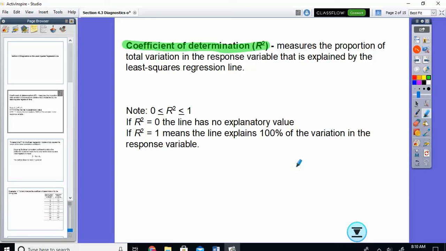It was lowercase r, the correlation coefficient. The lowercase r is the correlation coefficient. Capital R represents the residuals. So we've talked about residual.